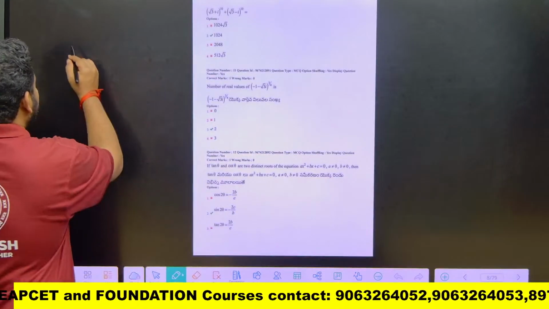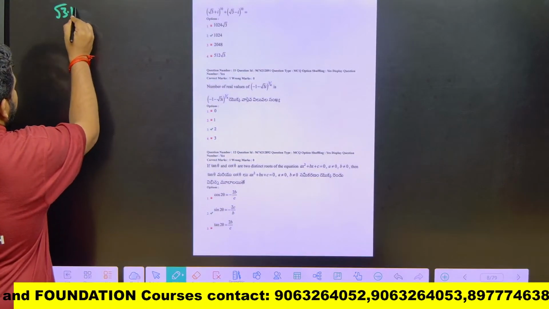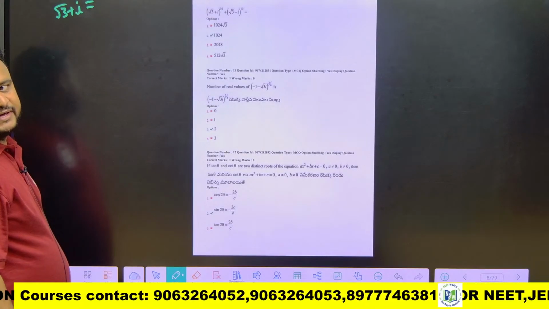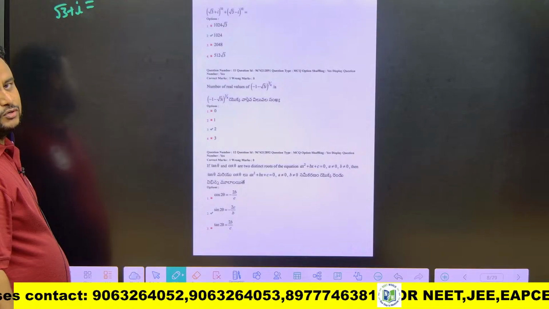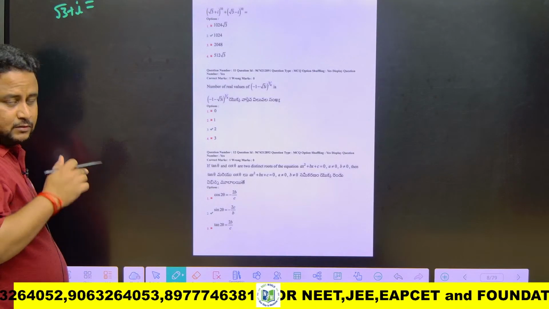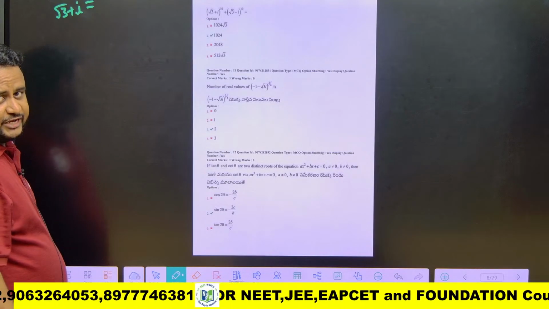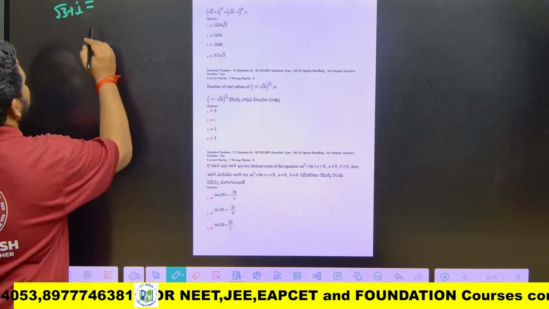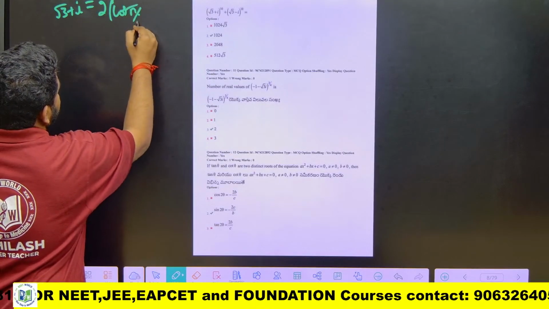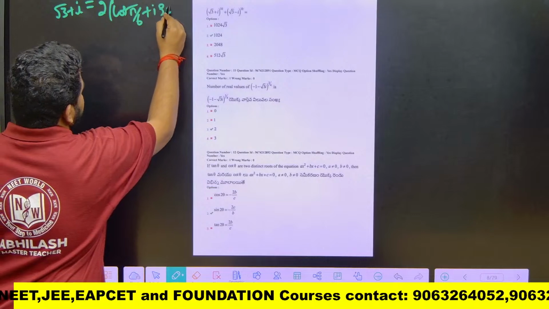So root 3 plus i, I can write it as what? Here theta is equal to tan inverse of y by x, that is 1 by root 3, which is pi by 6. Tan inverse of 1 by root 3 is nothing but pi by 6. So this will become 2 times cos pi by 6 plus i sin pi by 6.